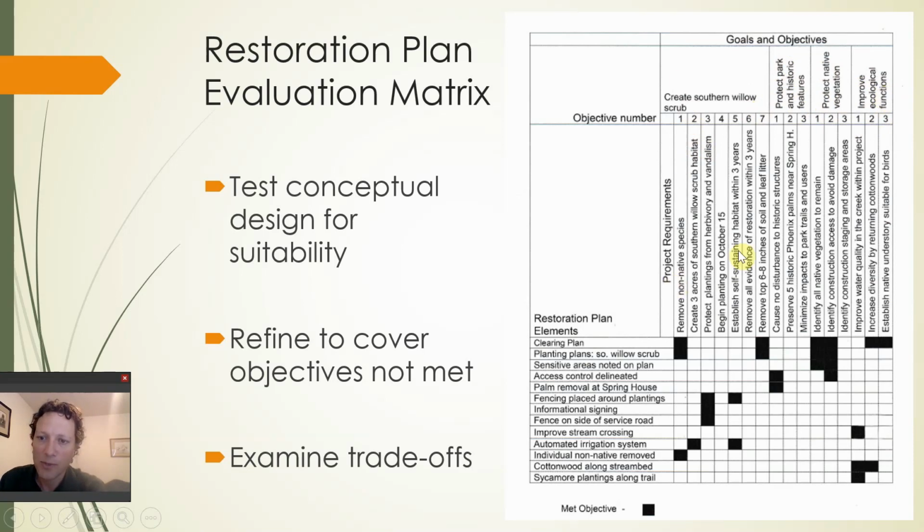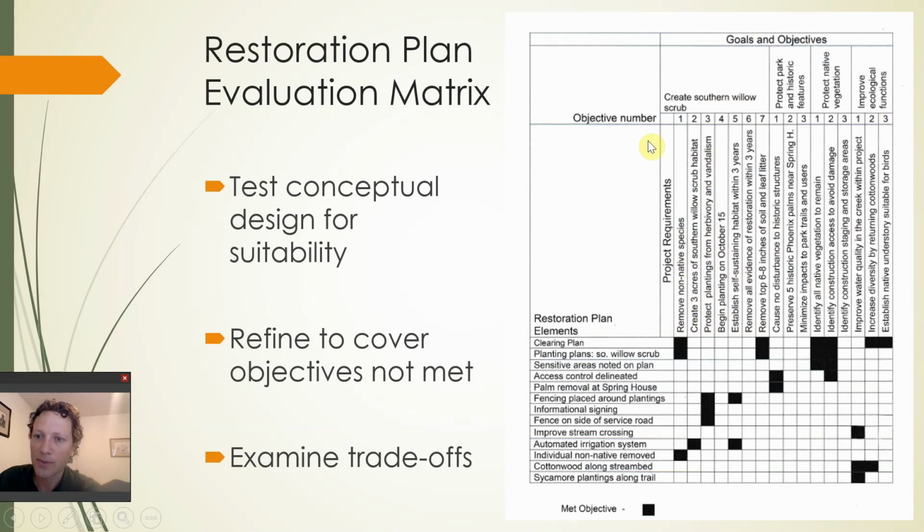Beneath that, you get more specific and you get into the project requirements associated with each of these goals and objectives. So if we look at create willow scrub, these are the things that absolutely need to happen. These are the requirements to meet that objective. Remove non-native species. Create 3 acres of habitat with willows. Protect those plantings from herbivory, etc., etc., etc.